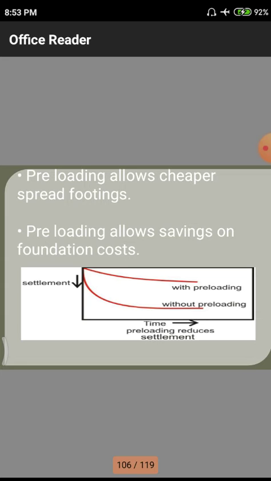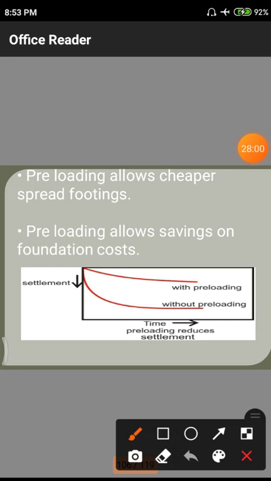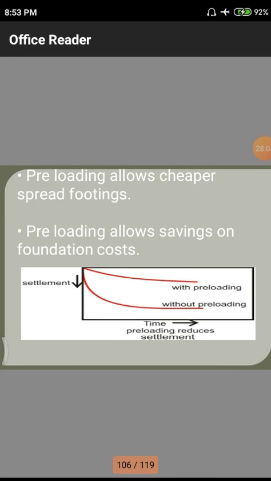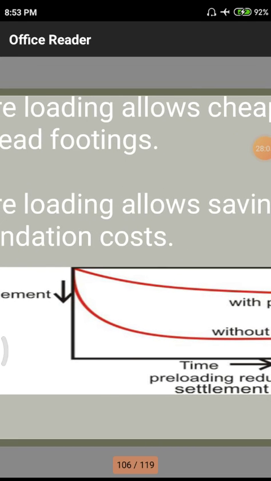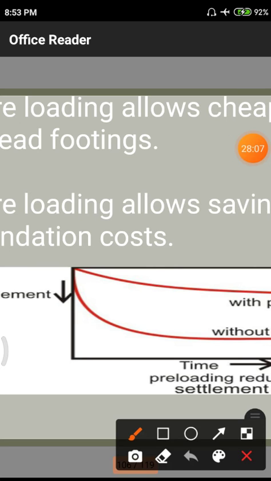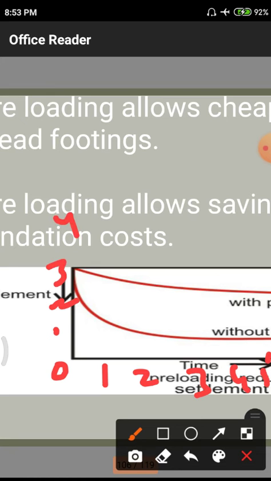Here we have time on the x-axis, with preloading and without preloading. With preloading we have a higher value, but without preloading we have a lower value. Here we have 0, 1, 2, 3, 4, 5 like that, and on the vertical axis also 1, 2, 3, 4 like that.